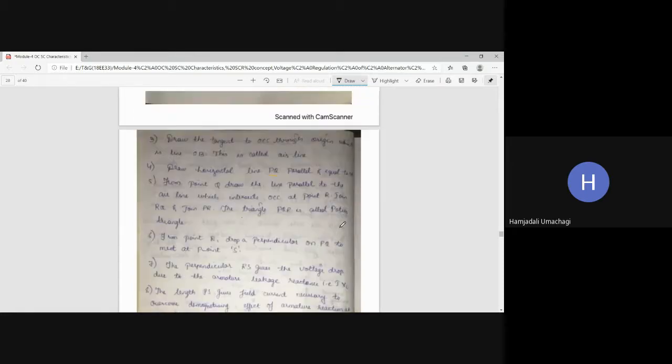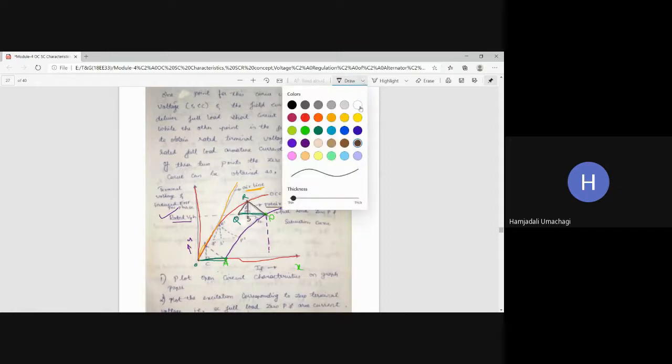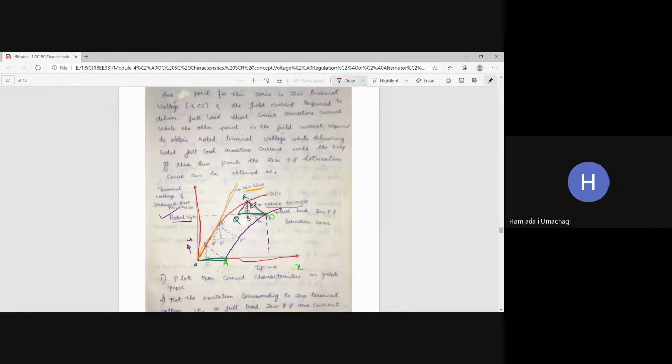So whatever the length of RS will be, this will give you the drop due to Ia into XL.